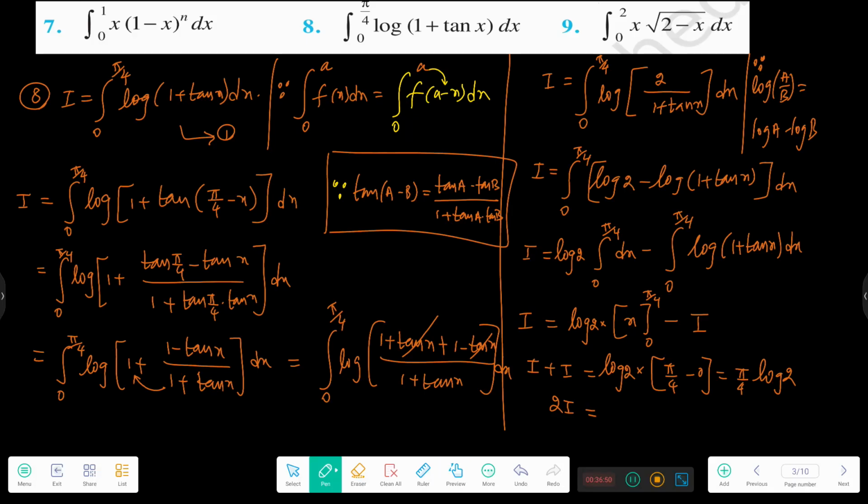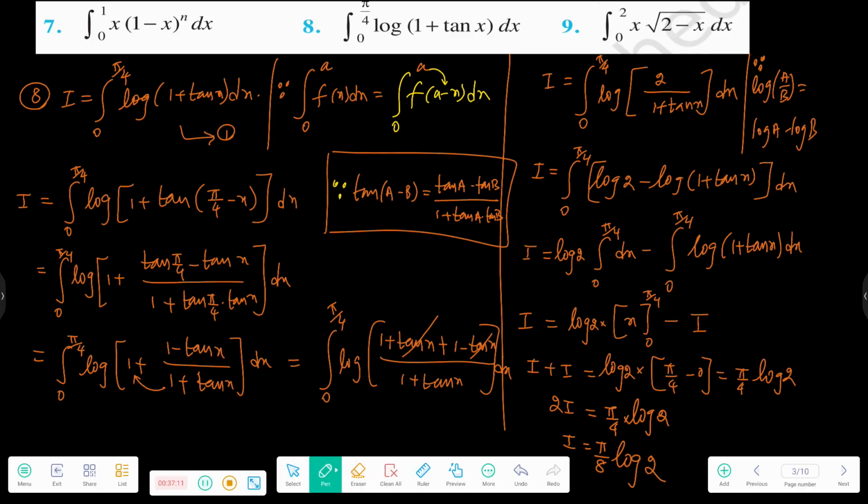Listen. 2I is equal to pi by 4 into log 2. I alone if I want, when you send this to the opposite side, multiply with 4, which means pi divided by 8 into log 2. That's it. This is our required answer for question number 8.